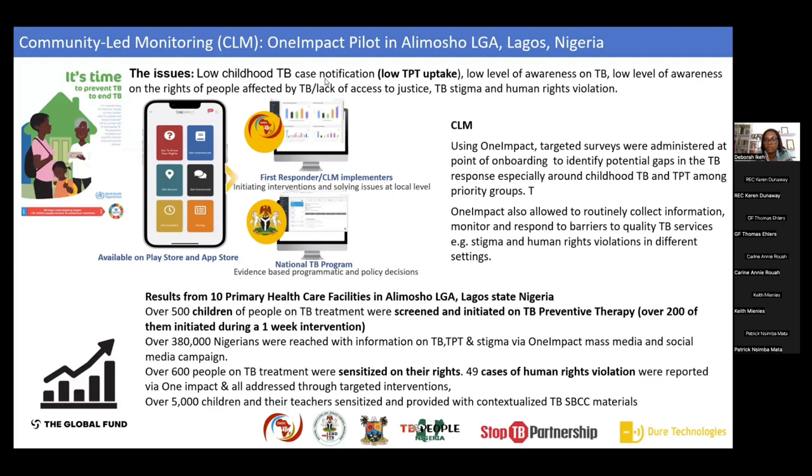We've also observed an improvement of the capacity of people under TB treatment, and of health workers, on the human rights of people affected. In OneImpact, we have 6 modules, and one module focuses on the rights of people affected by TB.